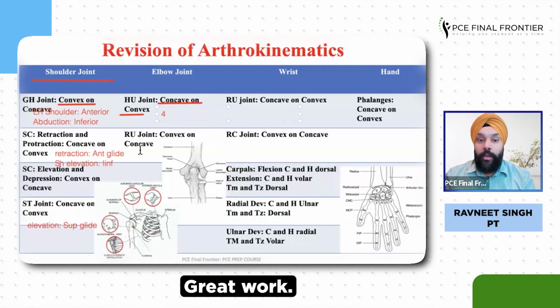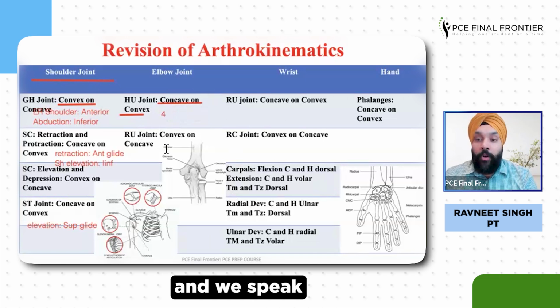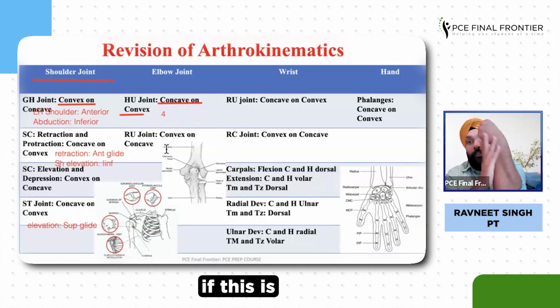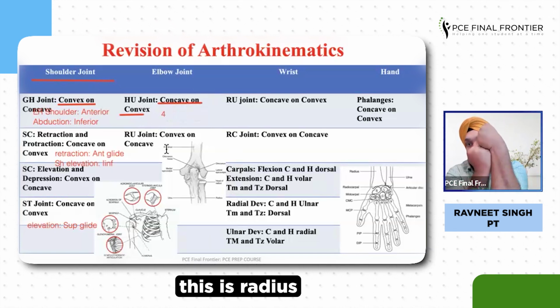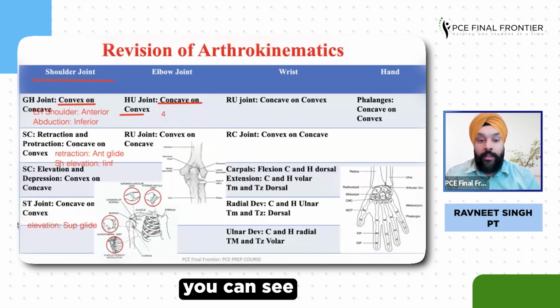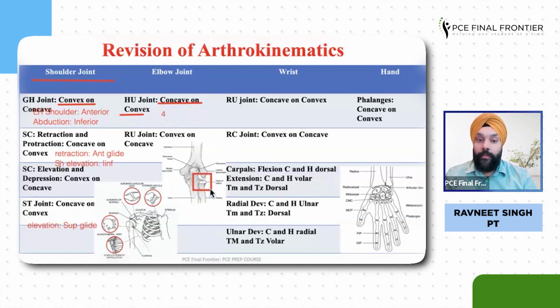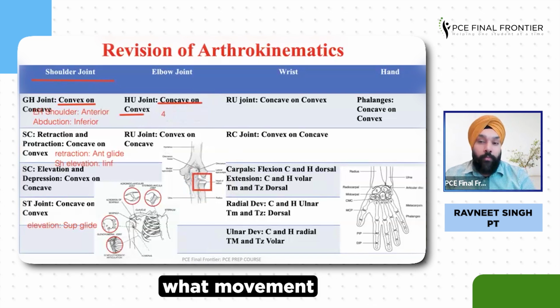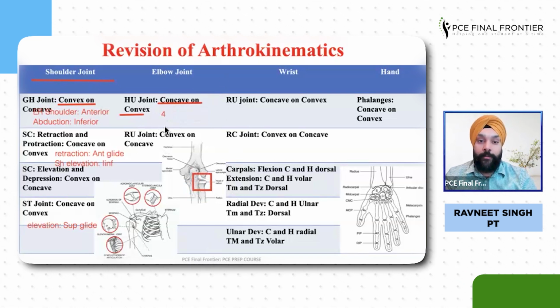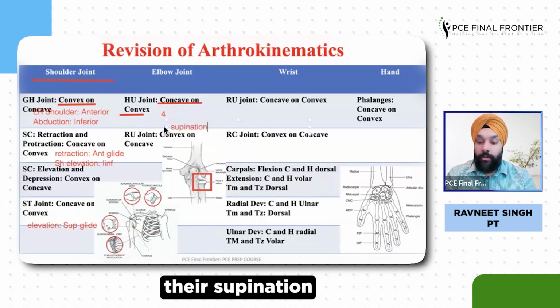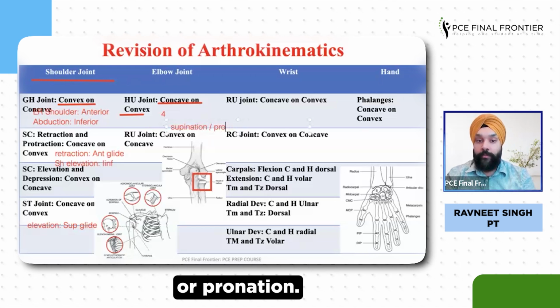Great work. Convex on concave, when we speak of the radio-ulnar joint, if this is ulna and this is radius, and this is how it fits. You can see right here. What movement occurs at the radio-ulnar joint? There, supination or pronation.